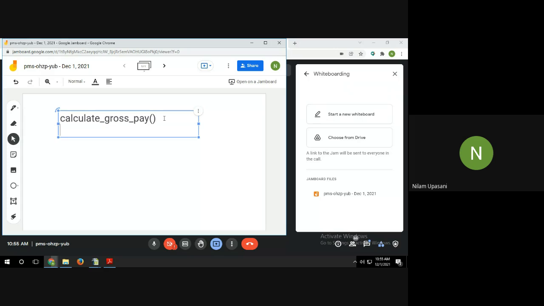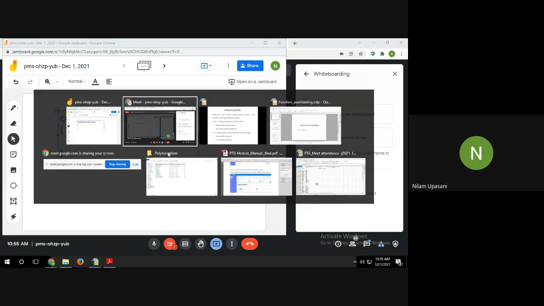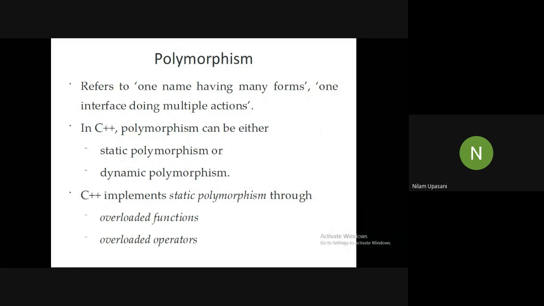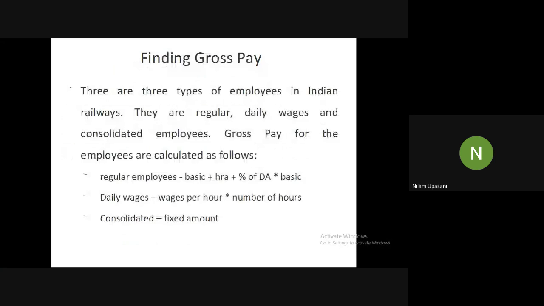Now, in this function, can I write the common logic? Is it possible? For every employee, the calculation formula is different and input will also be different. Input is not common for each. If you observe here, when it is a regular employee, input would be basic, HRA and DA.